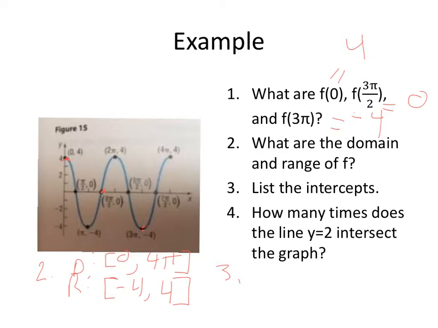Now, the intercepts. Since it does not specify x or y intercepts, we're going to write both the x and y intercepts. The lone y intercept is at (0, 4).